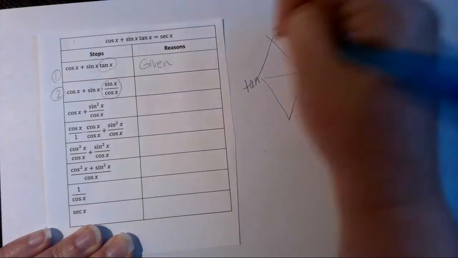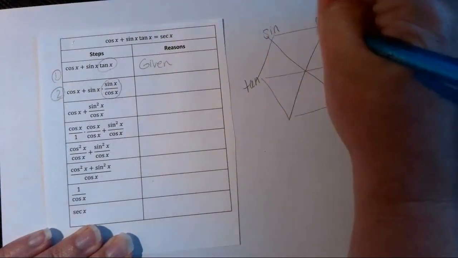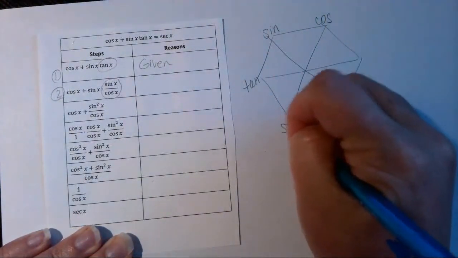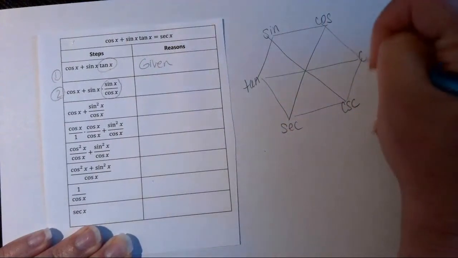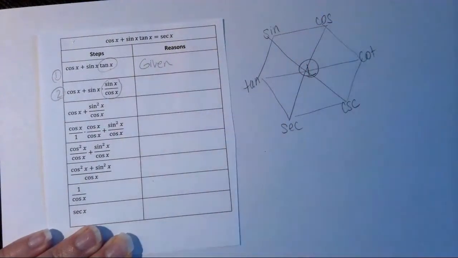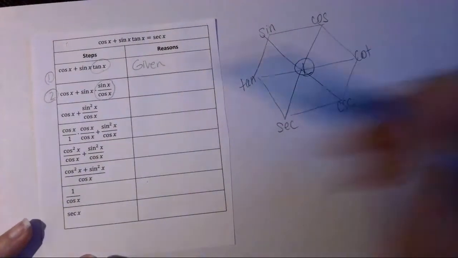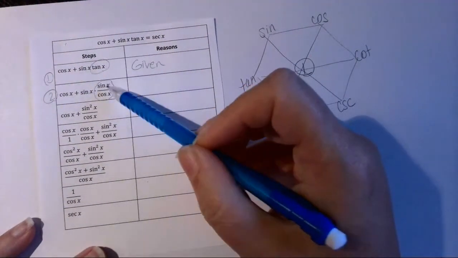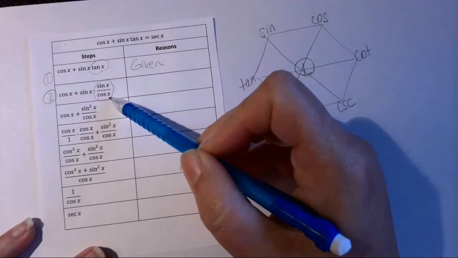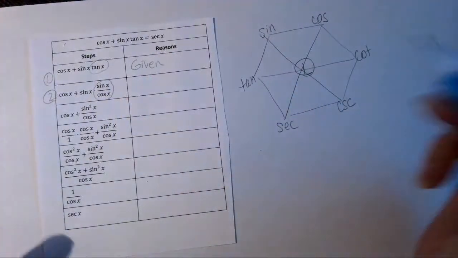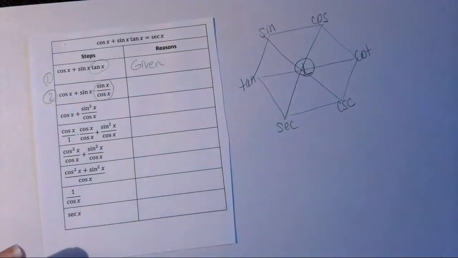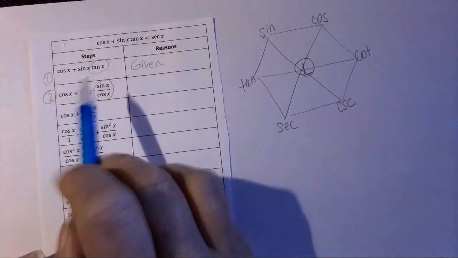So we've got tangent, sine, cosine, then the reciprocals, secant, cosecant, cotangent. Put the 1 in the middle to set up our identity hexagon. And if you recall, any two consecutive vertices, either clockwise or counterclockwise, will give you the quotient of the next vertex.